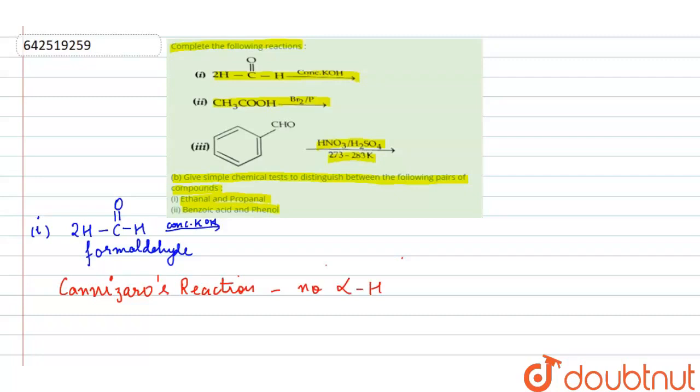So a disproportionation reaction occurs in which one alcohol is formed from one aldehyde group, and the other compound formed is a formate ion. So the formate ion will be attached to potassium, and so the potassium salt of the carboxylic acid, potassium formate, is formed.